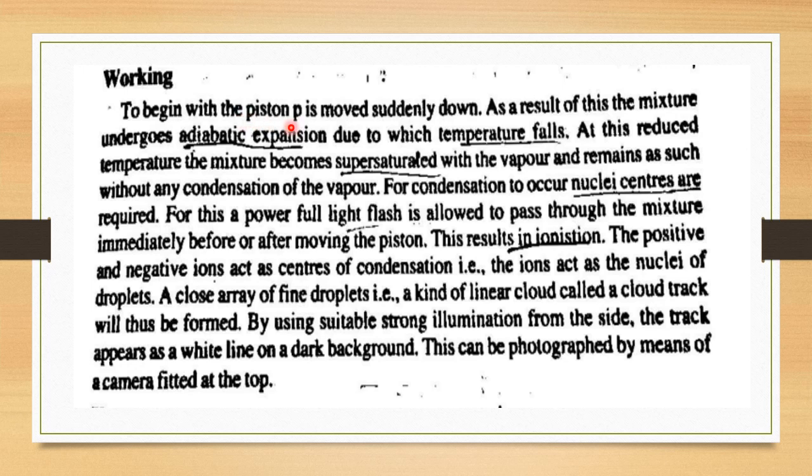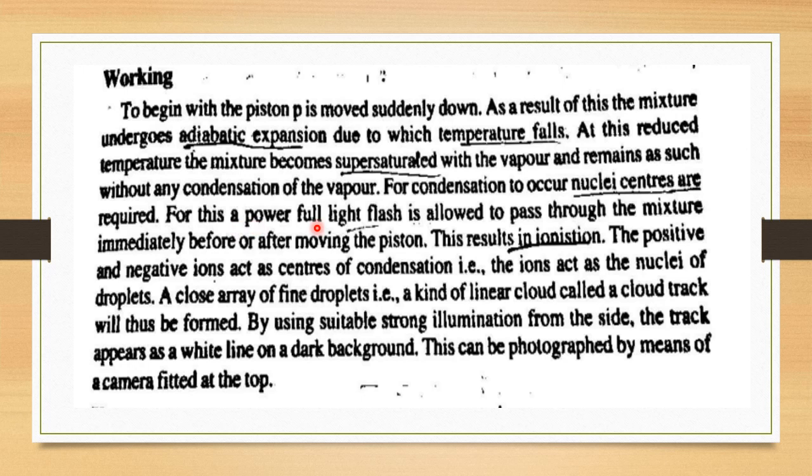To begin with, the piston P is moved suddenly down. As a result of this, the mixture undergoes adiabatic expansion, due to which the temperature falls. At this reduced temperature, the mixture becomes supersaturated with the vapor and remains as such without any condensation of vapor. Now, for condensation to occur, nuclear centers are required.